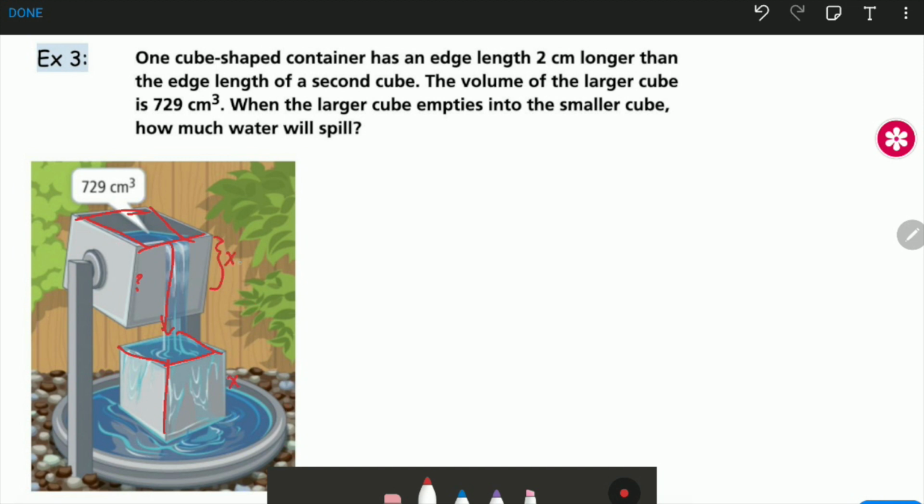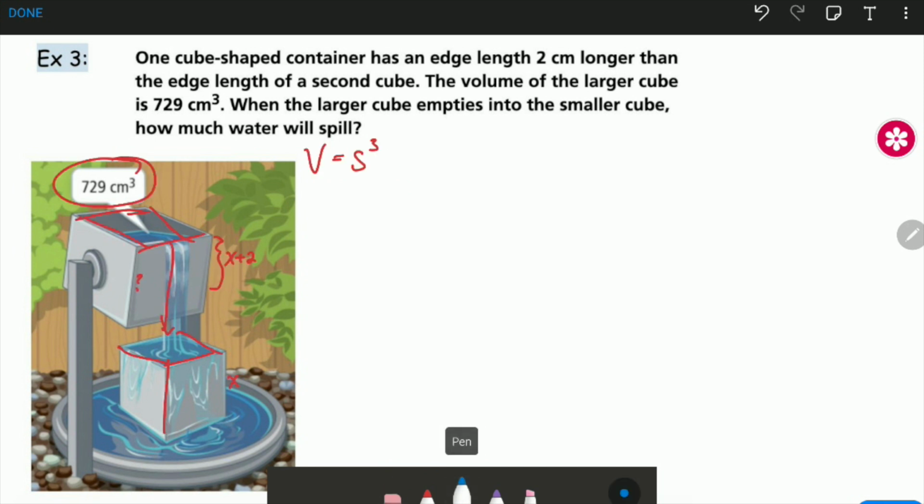So I know that each of the sides for the bigger cube is x plus 2 in length, while the smaller cube just has x in length for each of the sides. Now the volume of the bigger cube is 729 cubic centimeters. Volume is calculated for a cube by the side length cubed, and that's equal to the volume.